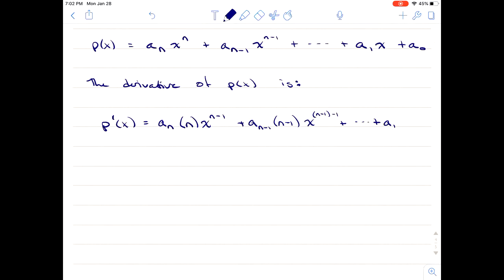So if we bring down that power of 1 times x to the 1 minus 1, that makes x to the power of 0. Oh, and then I don't have room, so I'll have to sneak it here. We've got a sub 0 times, it's not multiplied by an x, so it's really multiplied by x to the power of 0. So when we bring down that 0, x to the power of 0 minus 1, technically.